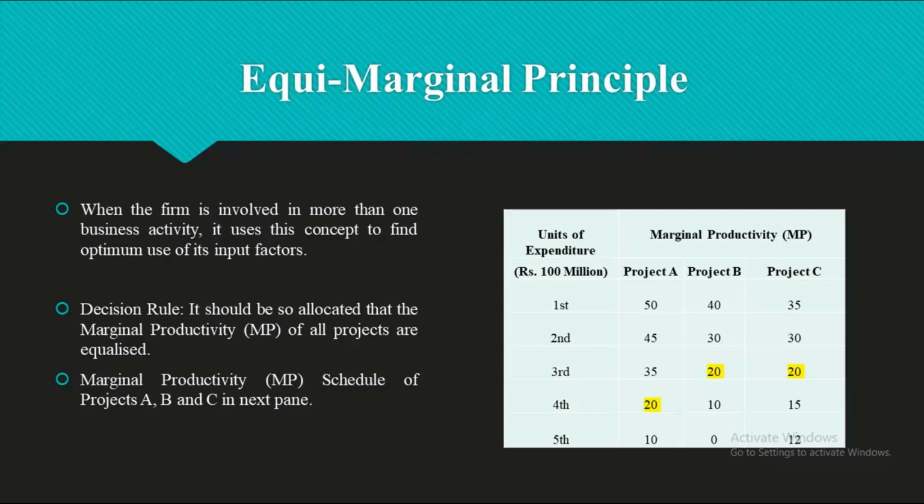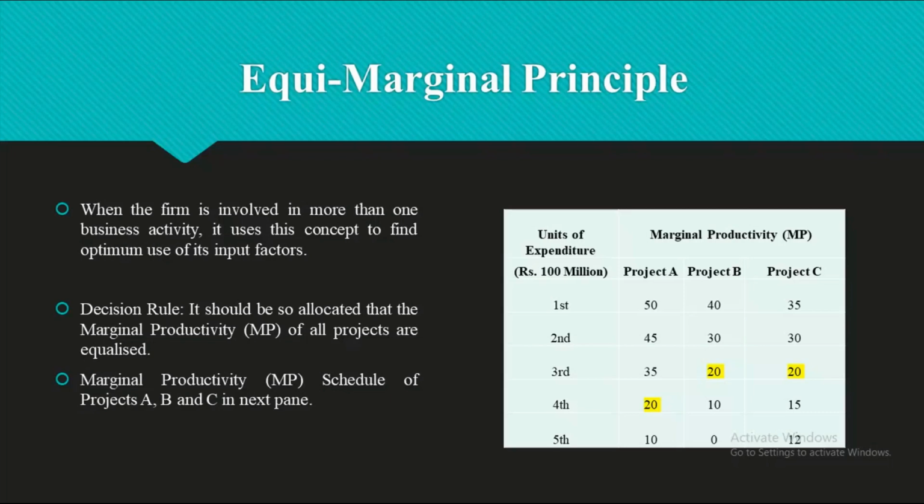In project B, till the third batch, it is giving me 20. After that, at the fourth batch, it is giving me a marginal productivity of 10, which is lesser than the equi-marginal productivity, so I will not invest any further, only up to the third batch. And in case of project C also, the marginal productivity becomes 20, equivalent to the others, at the third stage.